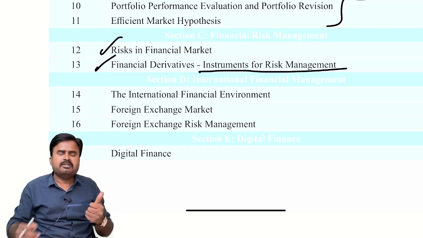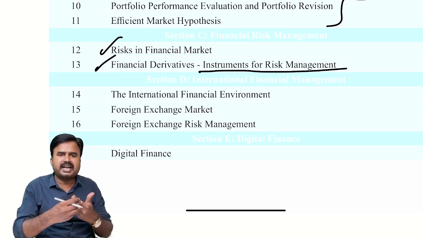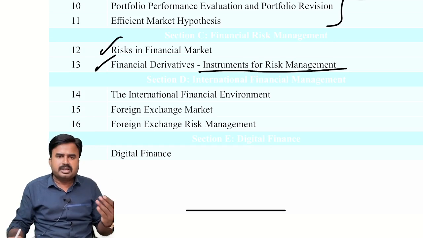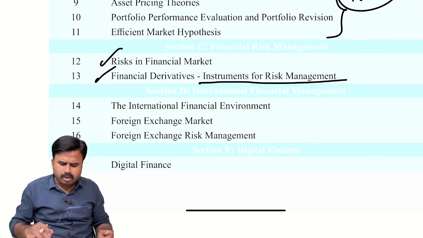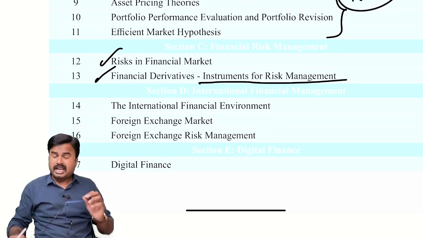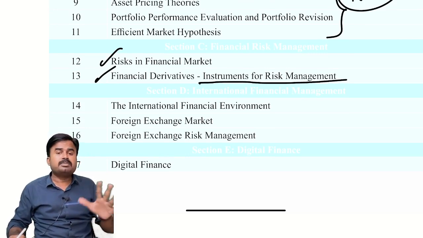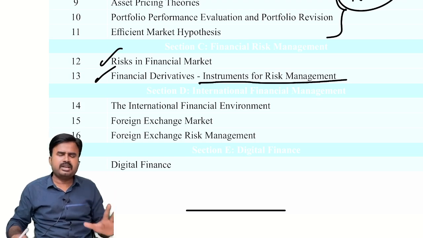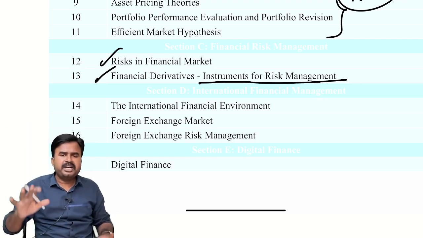Hedging strategies. For earning profit, we'll use arbitrage strategies. Stock futures, index futures. Like that, we need to understand several concepts in this chapter called financial risk management. This chapter predominantly deals with management of risk in the stock market, and even in the regular financial market, like interest rate risk.